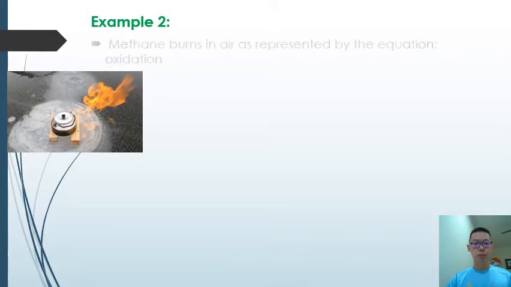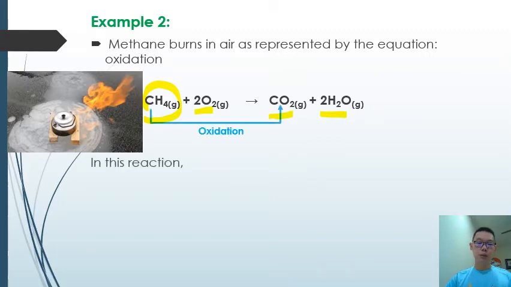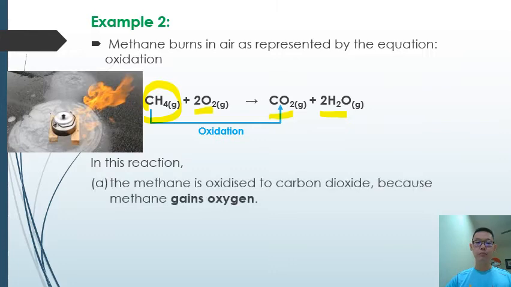Example 2. Methane burns in air as represented by the equation below. Methane burns in oxygen to produce carbon dioxide and water. So in this reaction, we can see that methane gains oxygen to form carbon dioxide.